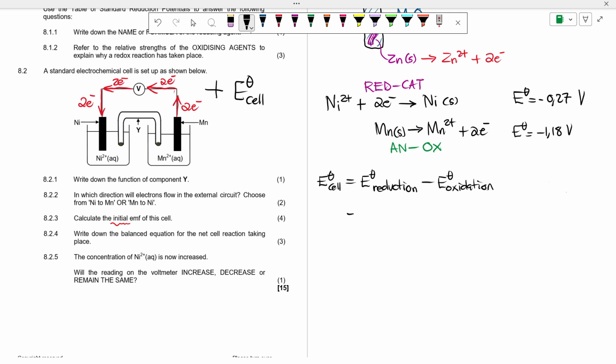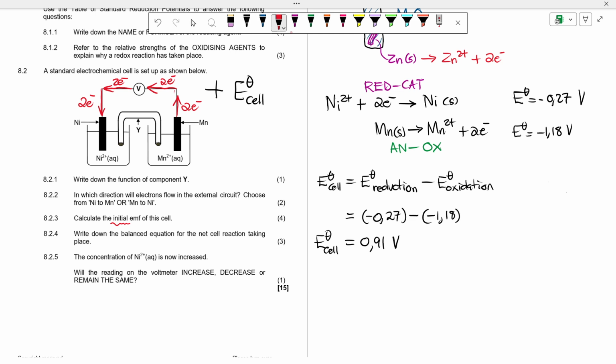Then the reduction half reaction has an E naught of negative 0.27. The oxidation half reaction has an E naught of negative 1.18. Then what do we get as the answer? 0.91. 0.91, and that's positive, right?